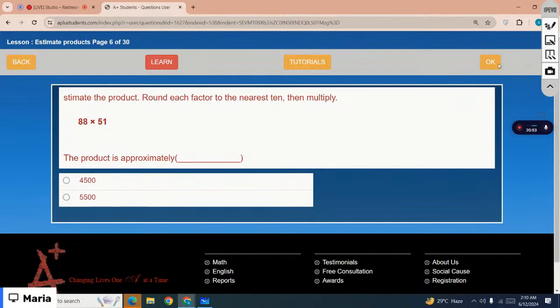Estimate the product, round each factor to the nearest 10 and then multiply. 88 times 51. So which is the correct option?